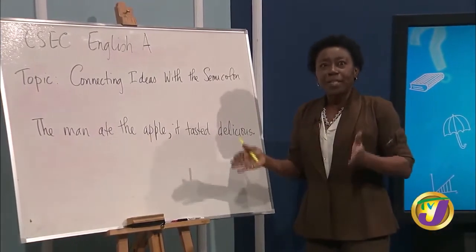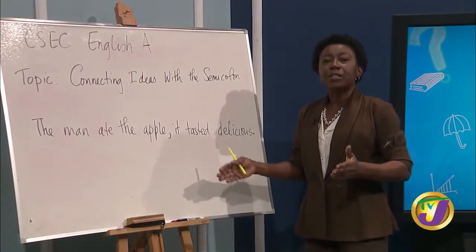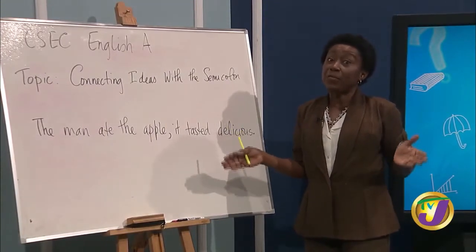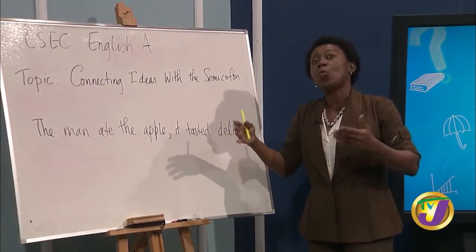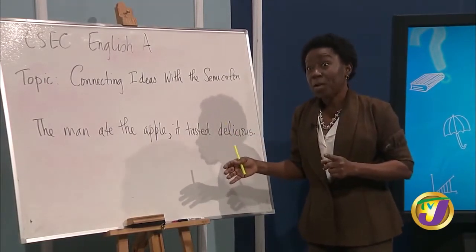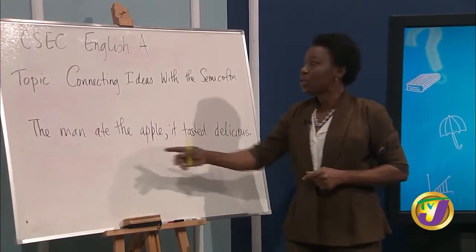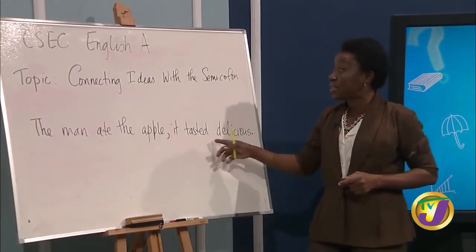When you are expressing yourself and you have two independent thoughts which you are expressing as one sentence, as this. So it says, the man ate the apple, it tasted delicious.